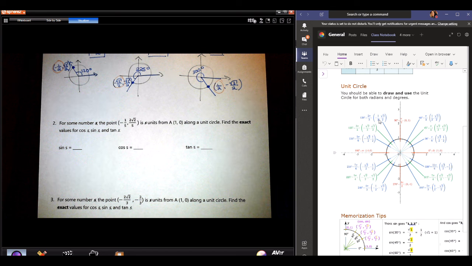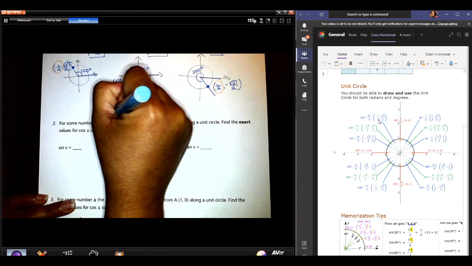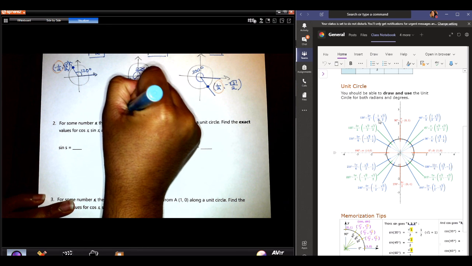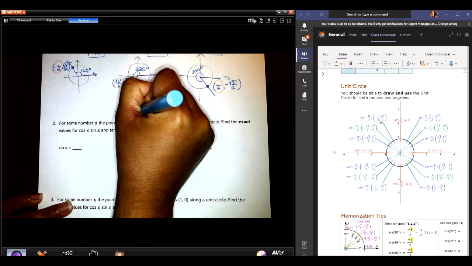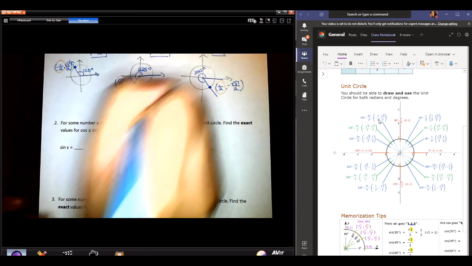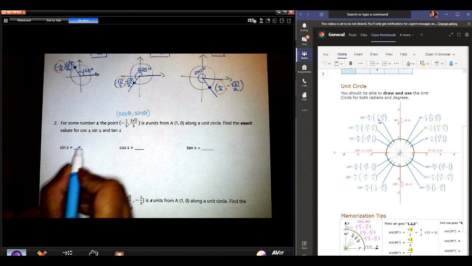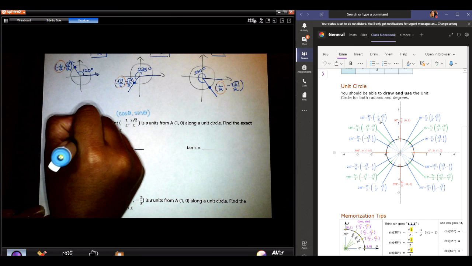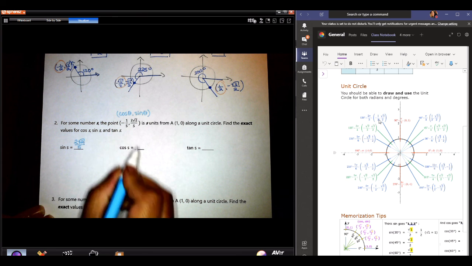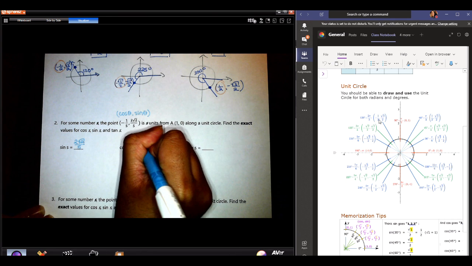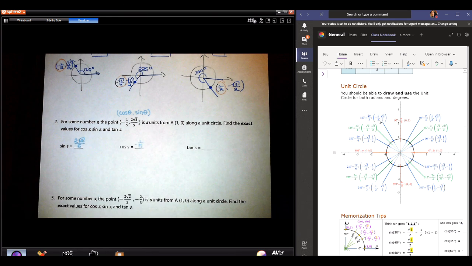Remember, the ordered pair is cosine, comma, sine. This is always going to be true when you see an ordered pair in cosines and sines. So for our sine, we can go ahead and write this, and for our cosine, we can go ahead and write -1/5.